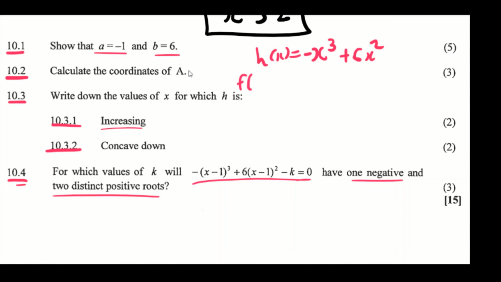To find the equation of f, they substituted the shift of x minus 1, right? And then they substituted inside the brackets, so it's minus (x minus 1) to the power of 3 plus 6 into (x minus 1) to the power 2, right? So that is the shift that was experienced by this function here.